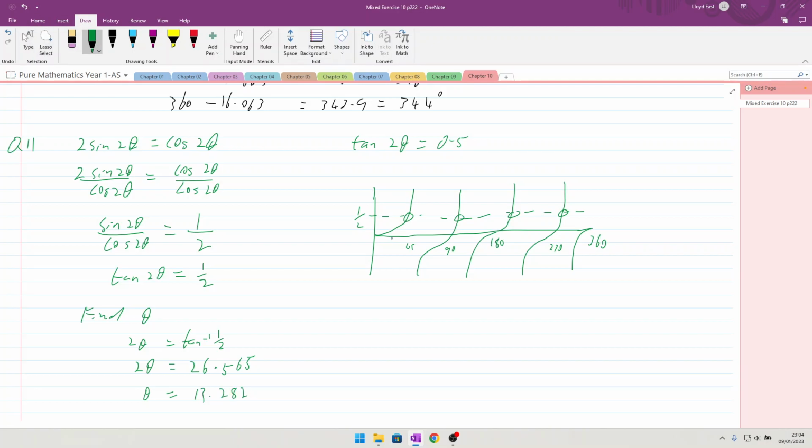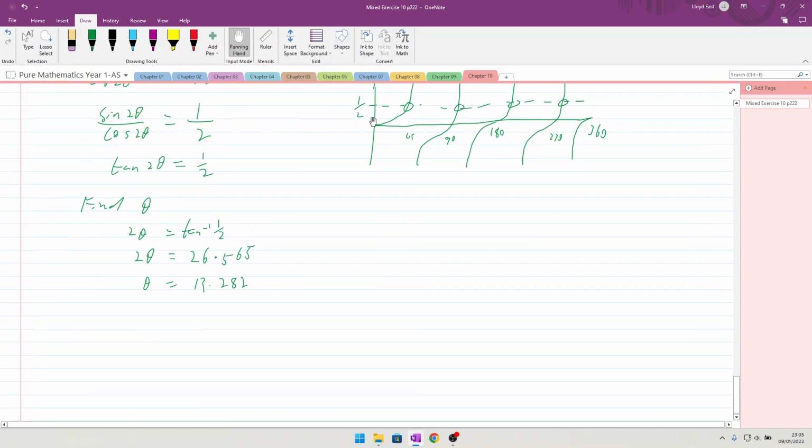So that's 13.282. Doesn't look like it, but it is. We should have 90 plus 13 in there as our next result, because that was 0 up to 13. So our next result is going to be 90 plus 13.282. I think all of these are going to be 180 plus 13.282, 270 plus 13.282.